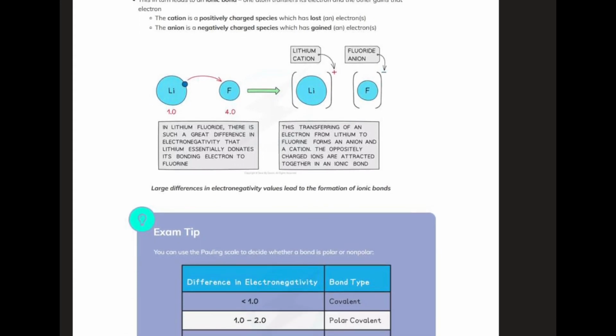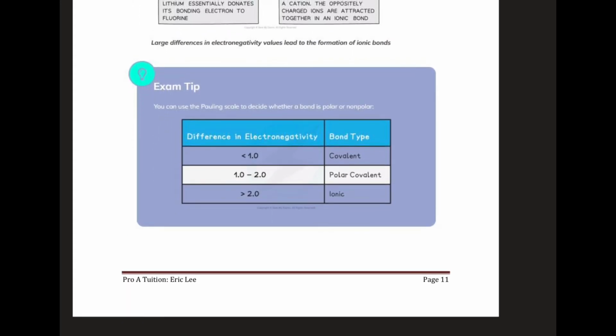And now let's see. Okay, this table is good enough as our reference. So greater than 2, ionic; 1.0 to 2.0 polar covalent. I just realized that our example just now, aluminium oxide, is exactly 2.0, and in exams aluminium oxide is known as ionic.